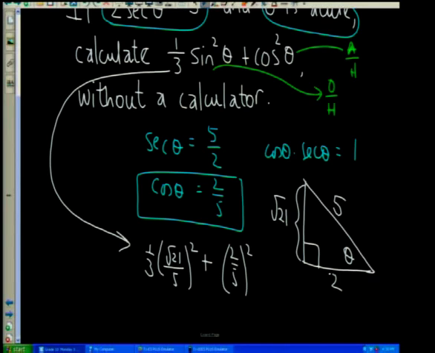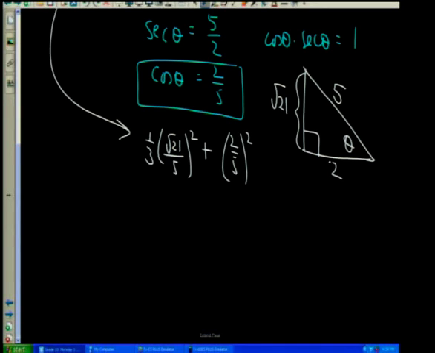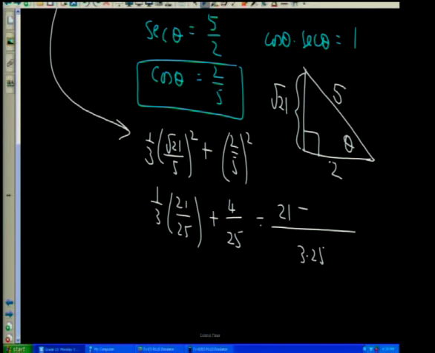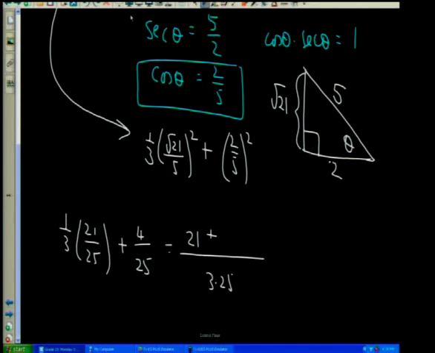So my opposite of theta is root 21, and my hypotenuse is 5. So if I now just keep going, I get a third of 21 over 25 plus 4 over 25. So my common denominator is 3 times 25, so this one is just 21 plus 3 fours are 12.